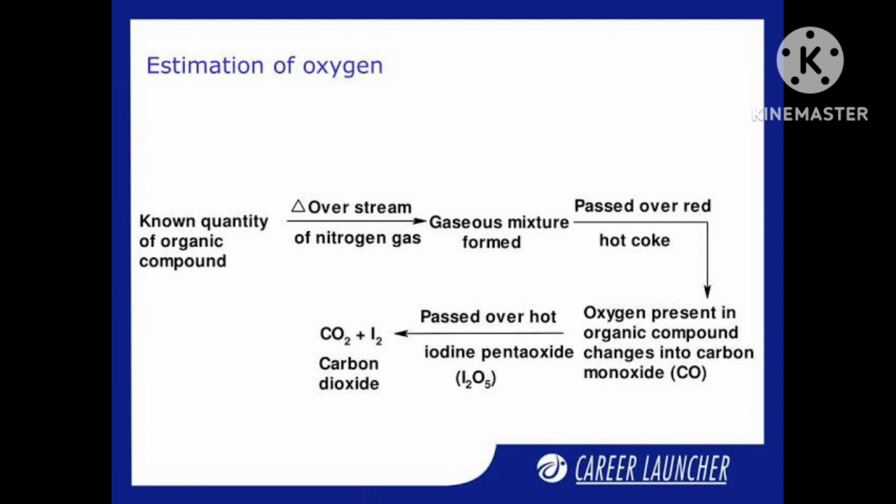Finally you can write 62 into m1 divided by 222, upside 100, down m. That is the percentage of phosphorus. I have discussed these things, phosphorus also.